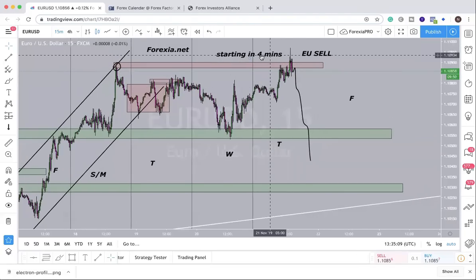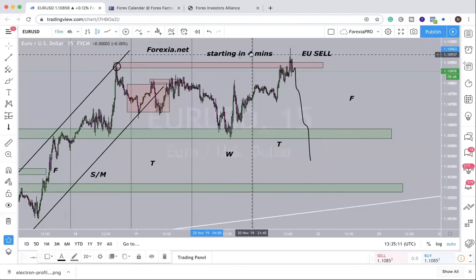EU looks like it's setting up for a sell. I'm actually sending it to the academy right now, so that's why you're only seeing half the screen.